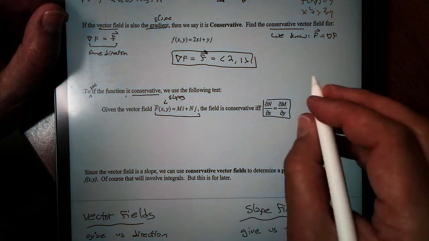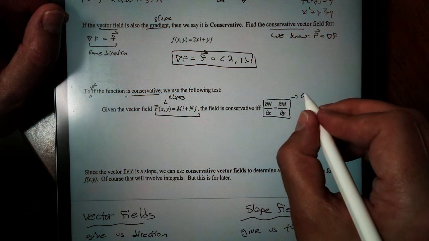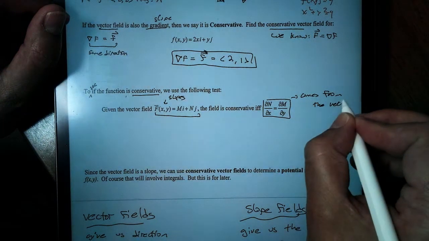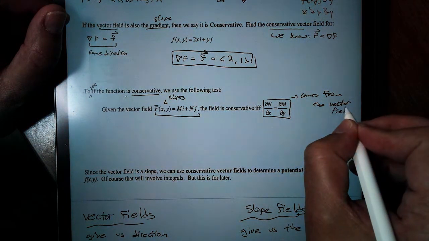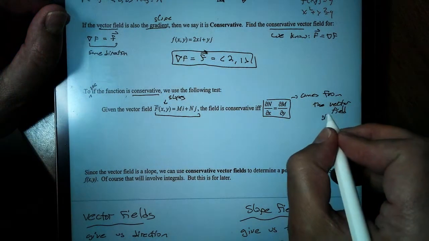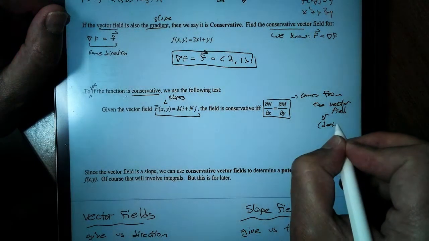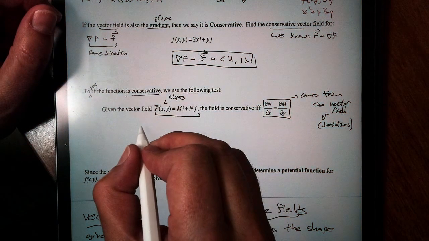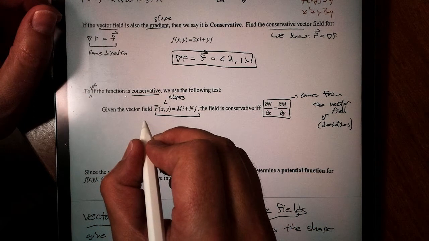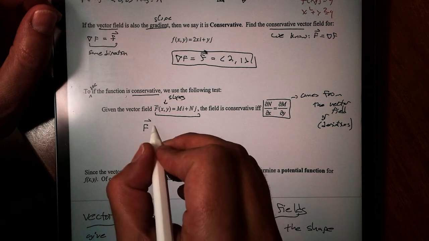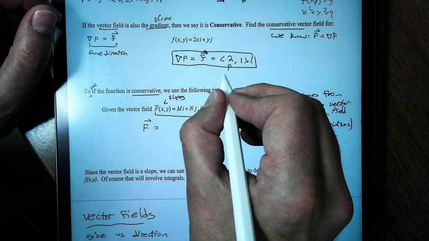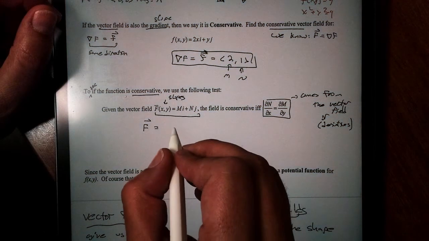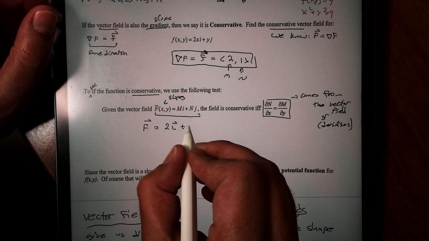This is our test. Now, this comes from the derivatives. We're looking at the derivatives of our vector field right now. So if I look up here, I know that my vector field can be written as M and N, so this becomes 2i plus 1j.